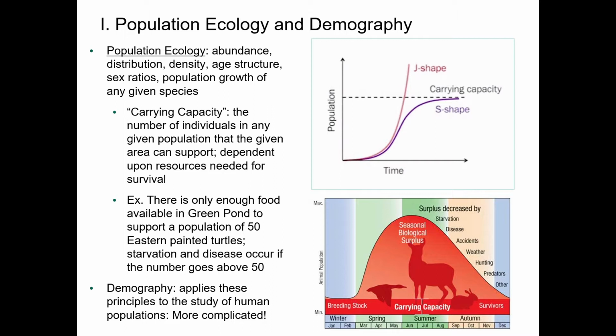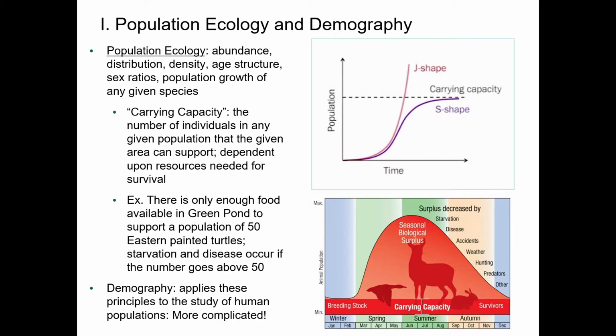And what do we study? We study how many of them there are, their distribution, their density, their age structure, sex ratios, and population growth of any given species. It's pretty cut and dry, kind of unemotional in some ways. It's a lot of numbers, a lot of graphs.